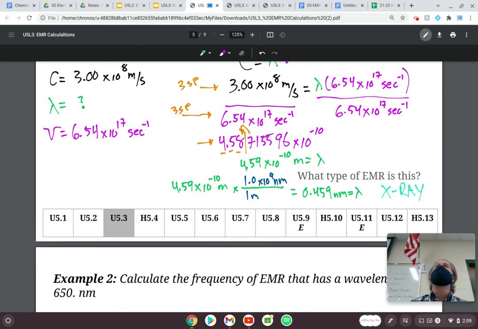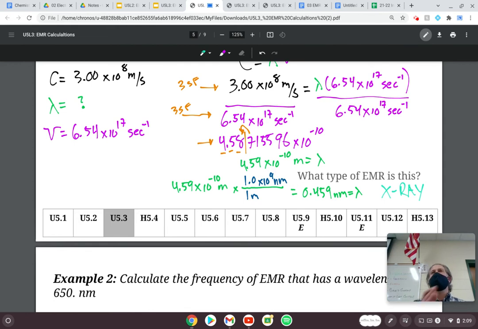See how our answer was 4.59 and then we did all the other steps and got 0.459. Can you just always move the decimal over instead of doing all that? It depends. It won't always be times 10 to the minus 10.